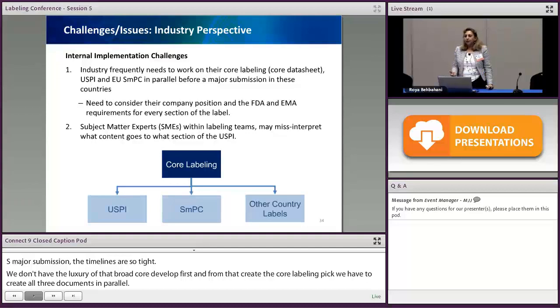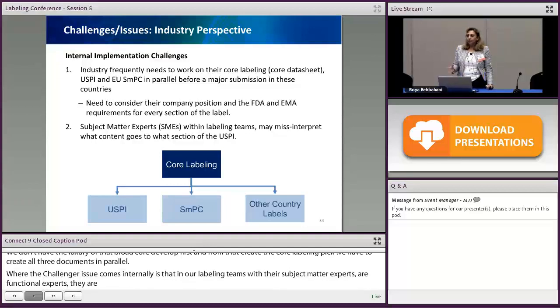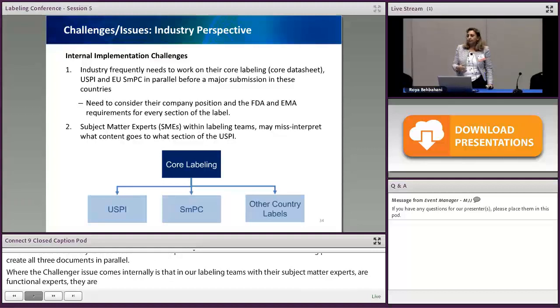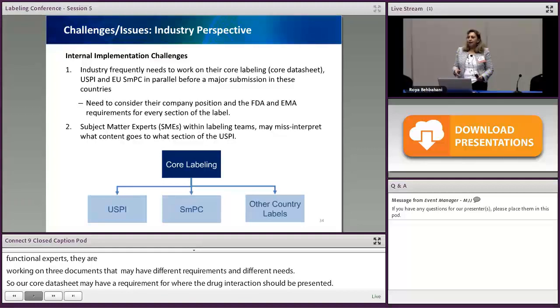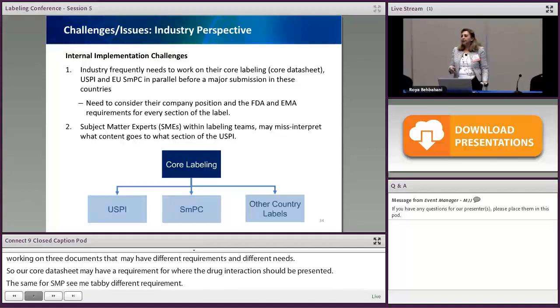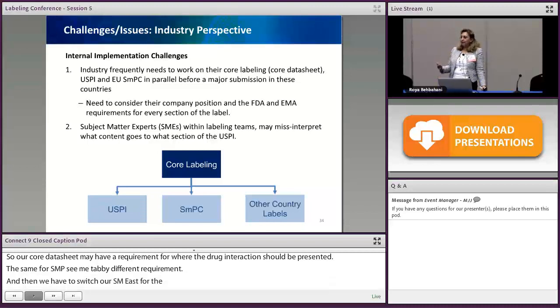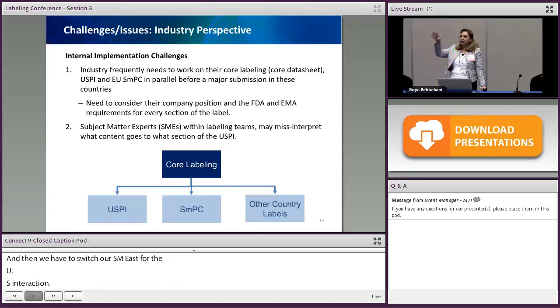So our core data sheet may have a requirement for where the drug interaction should be presented. The SMPC might have a different requirement. And then we have to switch and ask our SMEs, okay, now for the US, we have to divide up the drug interactions: the ones with clinical impact, or something that the healthcare provider needs to act on, go in section 7, and everything else is in section 12.